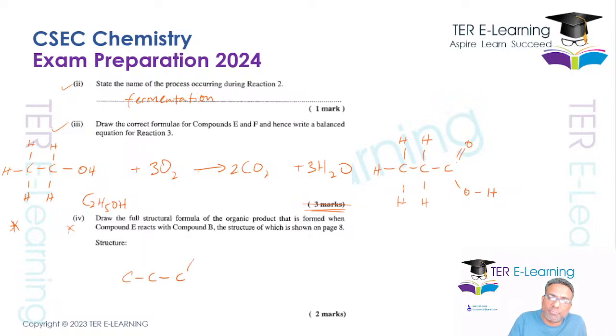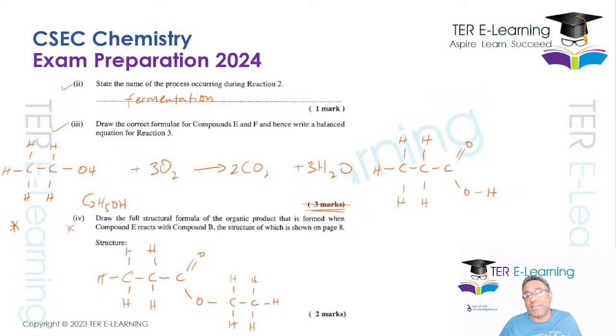So it's propanoic acid. So you're going to put this here, right? And the next thing we're going to draw our ethanol on the right hand side here. The ethanol just has 2 carbons, and that's it, right? That's my ester that I'm going to get.